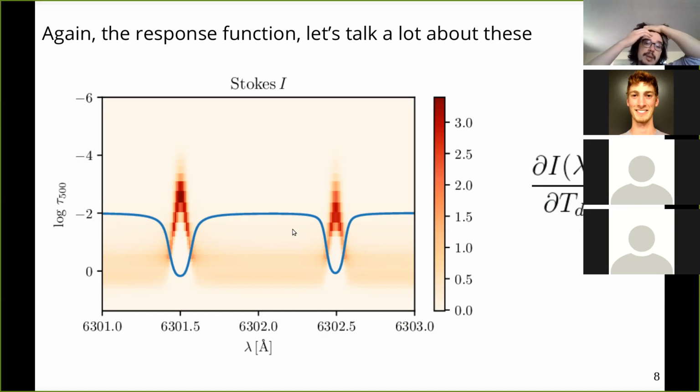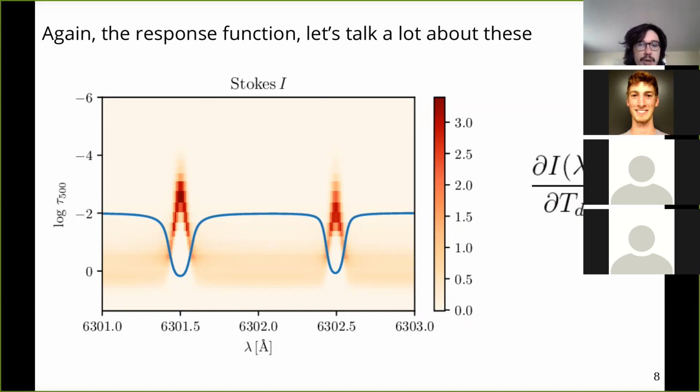I want to spend some time on these because I have told you that response functions are very important because they show how your outgoing intensity is sensitive to blah, blah, blah, which I'm saying in a mocking way because I said it many times and it maybe was not clear why it's so needed.